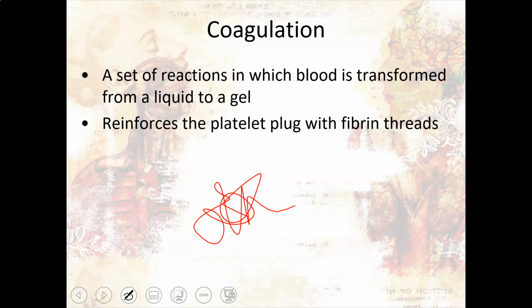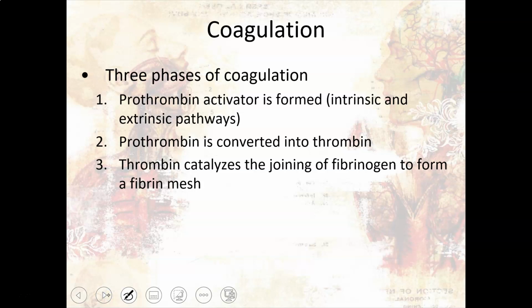Because we have that inactive protein, fibrinogen. Fibrinogen is in the plasma all the time. It's just floating around. It's not doing anything. It's inactive. And when this happens, through a chemical reaction, we get an enzyme called thrombin that turns fibrinogen into fibrin.